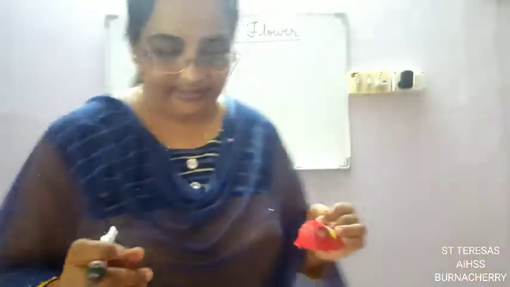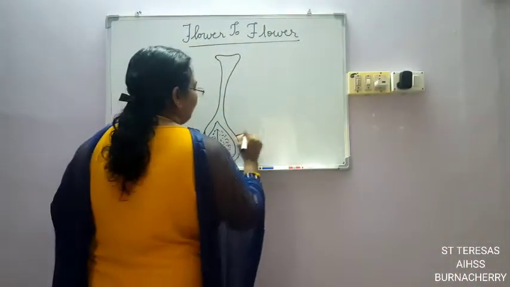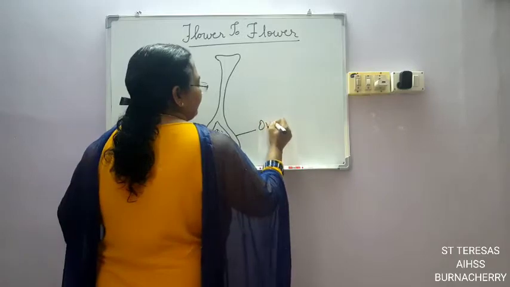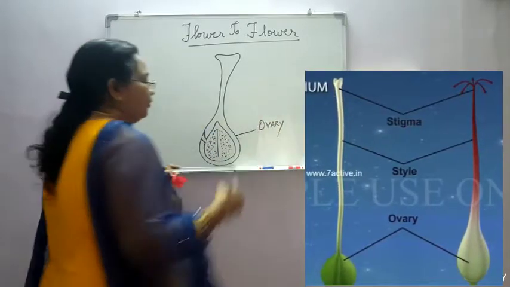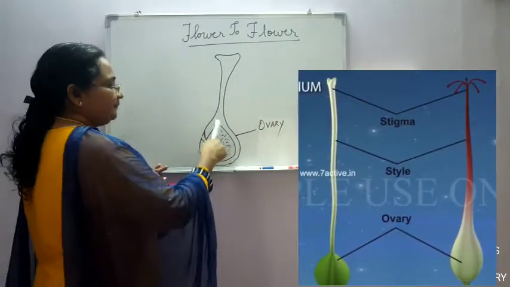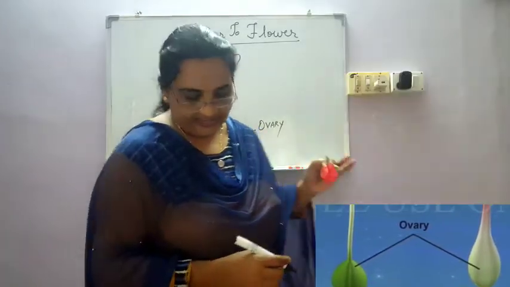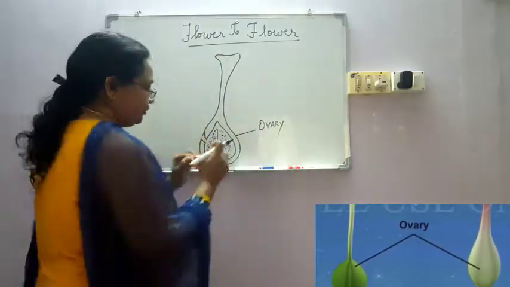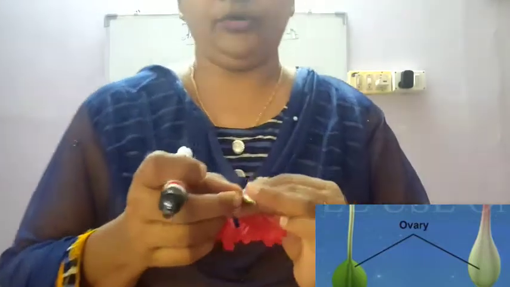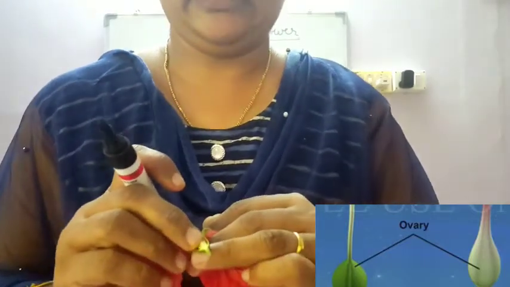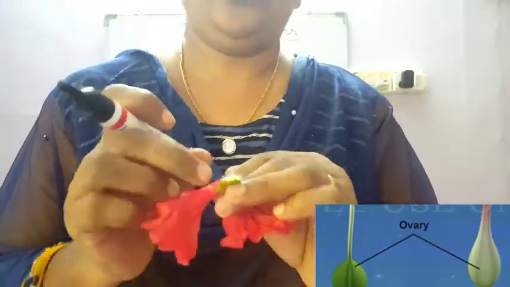Now the Gynoecium, here which you can see this thing, this is called the ovary. Which one is the ovary? The outside portion, this round thing which you can see here. This is the ovary.